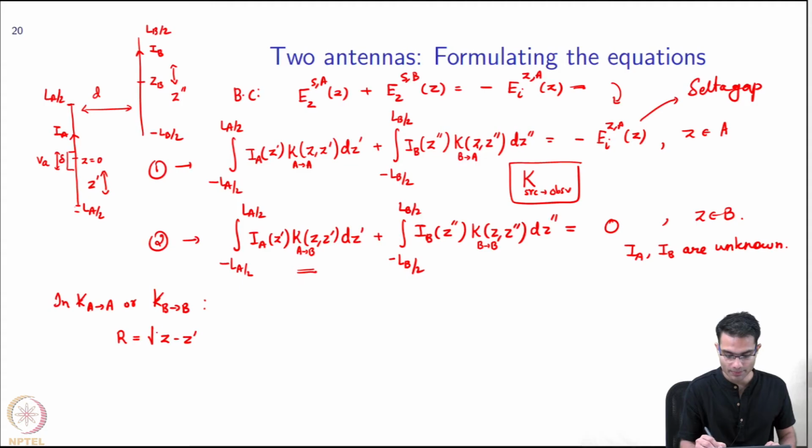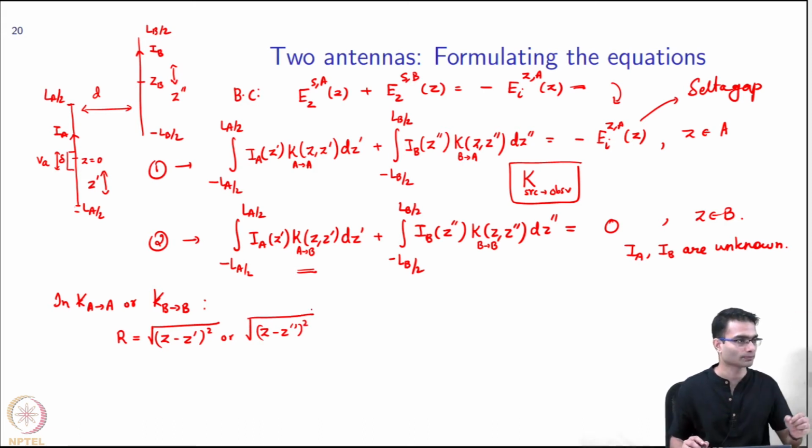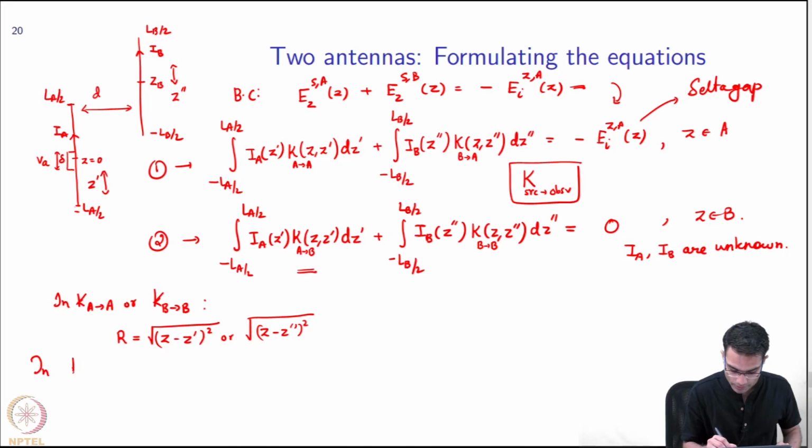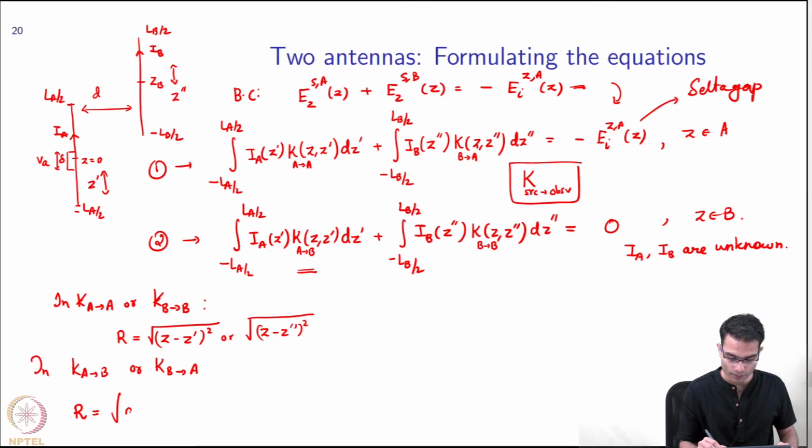Z minus Z prime squared or Z minus Z double prime squared, because it is the self term. And in K A to B or K B to A, what is my R over here? Remember, the distance is D, so it is going to be a D squared.